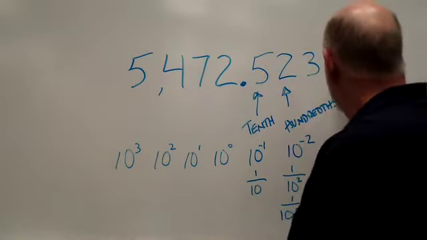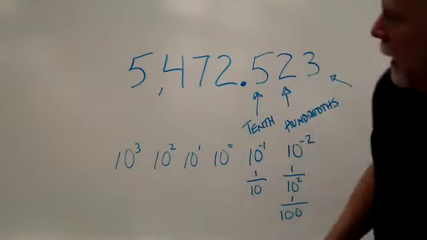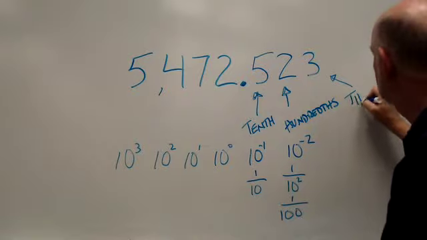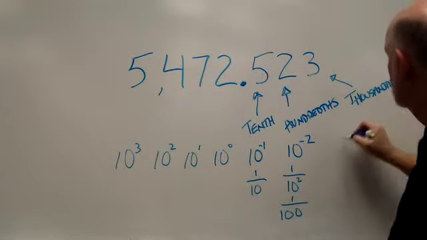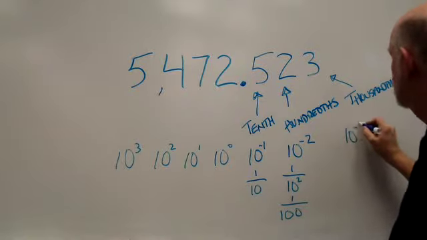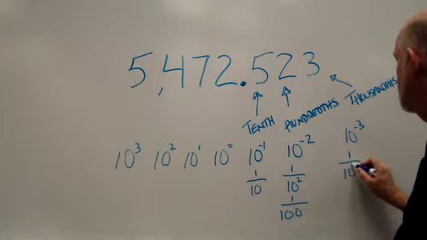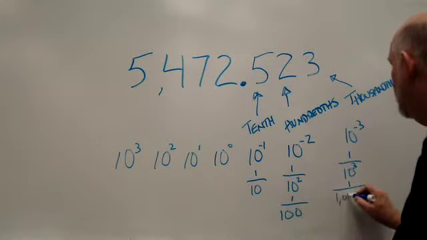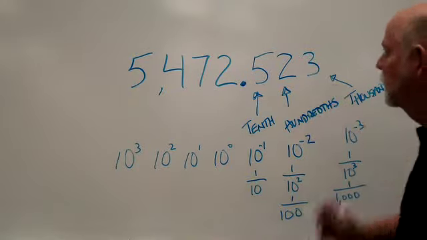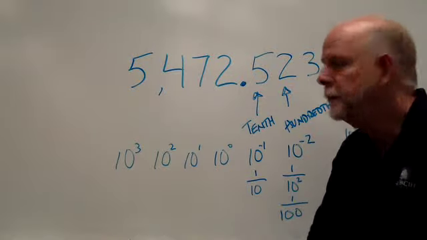The thousandths, I didn't write it here, but this decimal place here, I'm probably in the way now. This place right here being the thousandths place. Okay. That represents 10 to the negative 3, which again is 1 over 10 to the positive 3, which means 1 over 1,000. And so that's 1/1000th. In this case, we have 3 1,000ths being represented there.